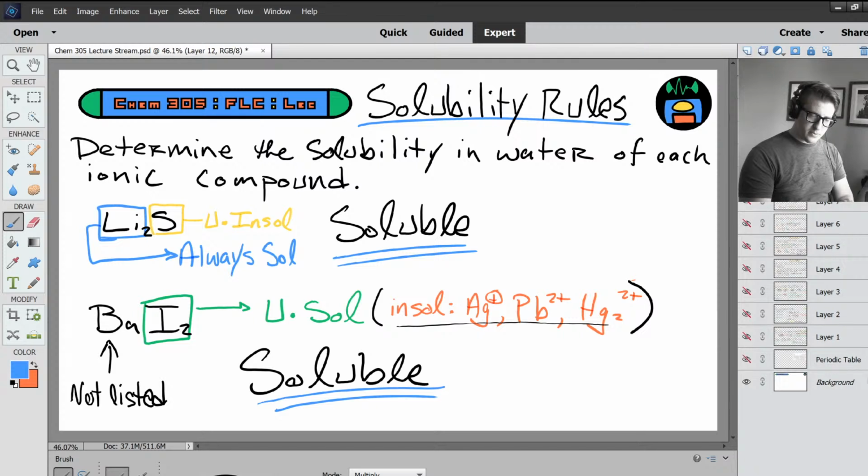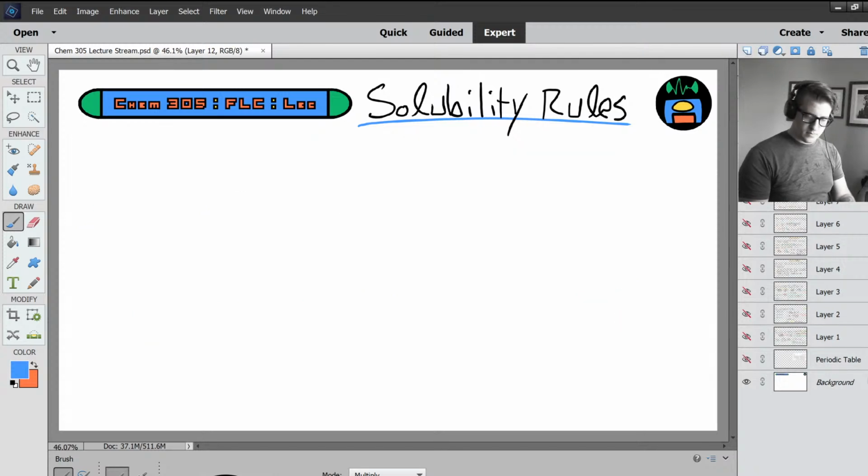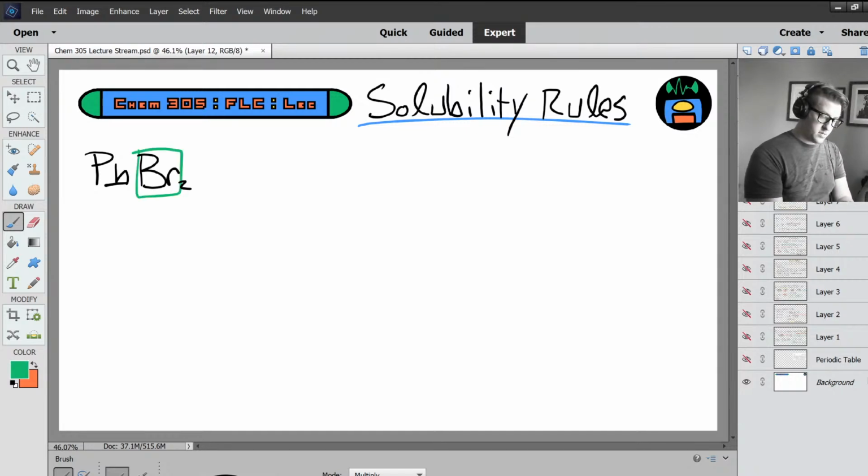Let's do another example. Let's do lead 2 bromide. All right? Now again, bromide is usually soluble.